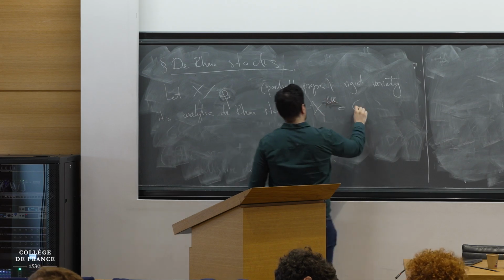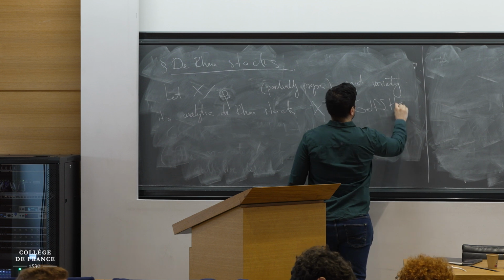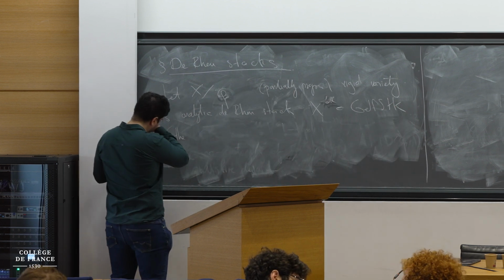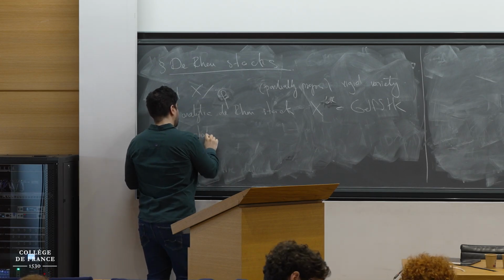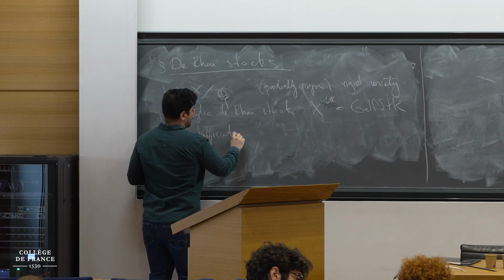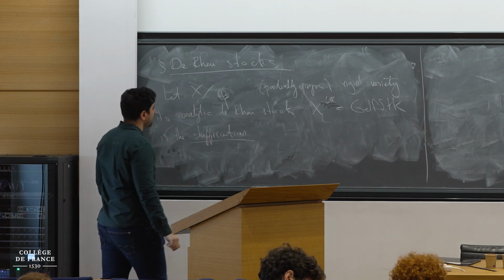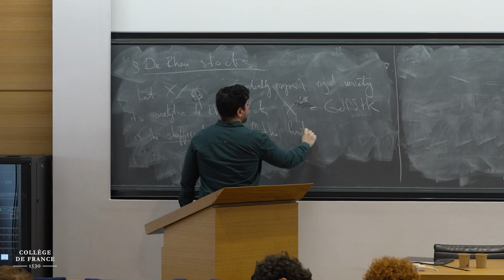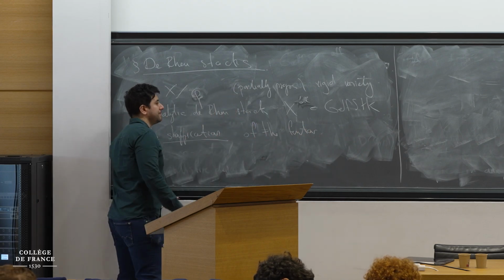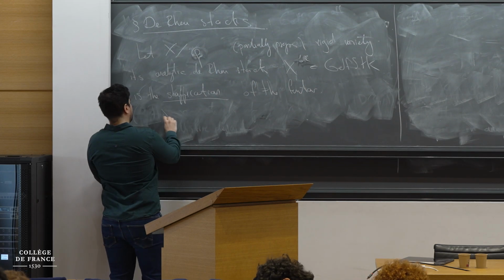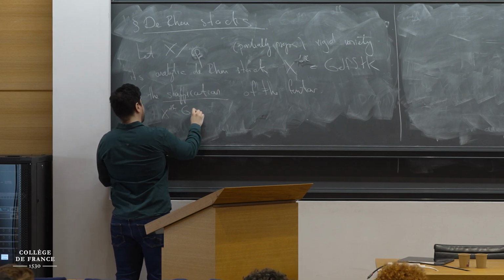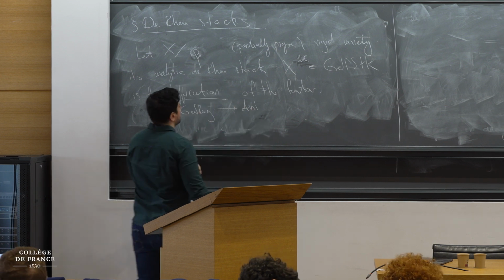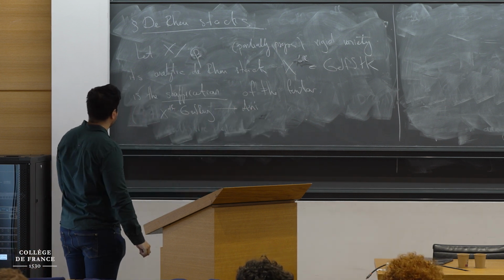It's an analytic de Rham stack, which is a Gelfand stack. It is the sheafification, and it's important to take this, of the functor on Gelfand rings. And again, because I'm working at this level, I need the values in anima now.